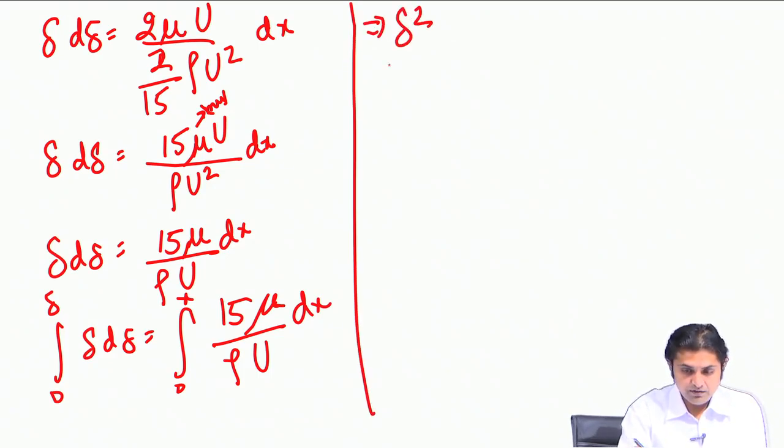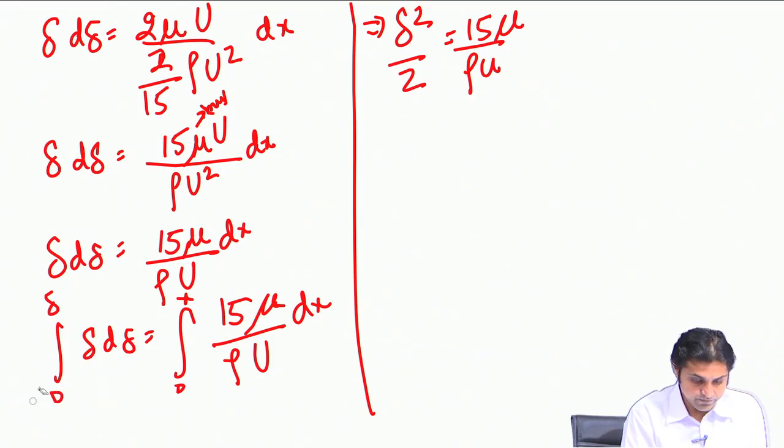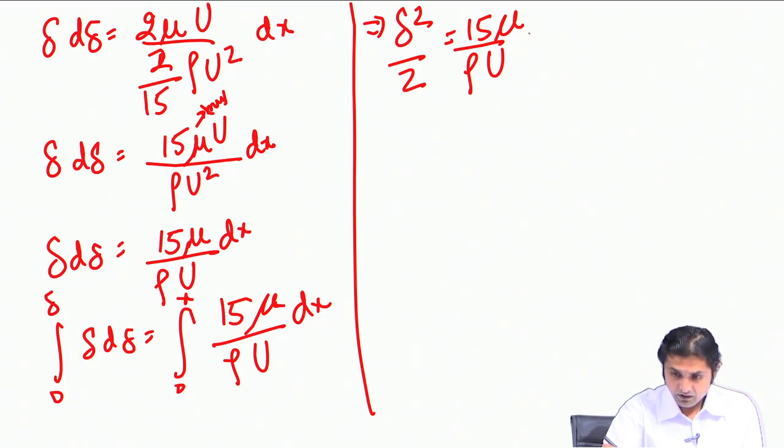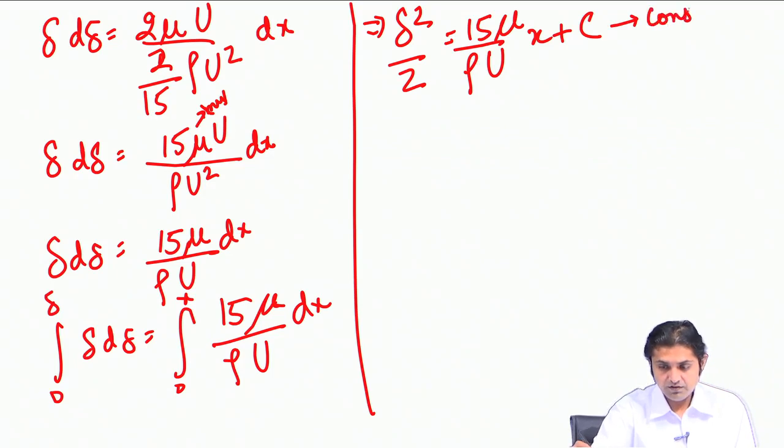After integrating it will become delta square by 2 is equal to 15 mu divided by rho capital U times x plus c. Here c is the constant of integration.